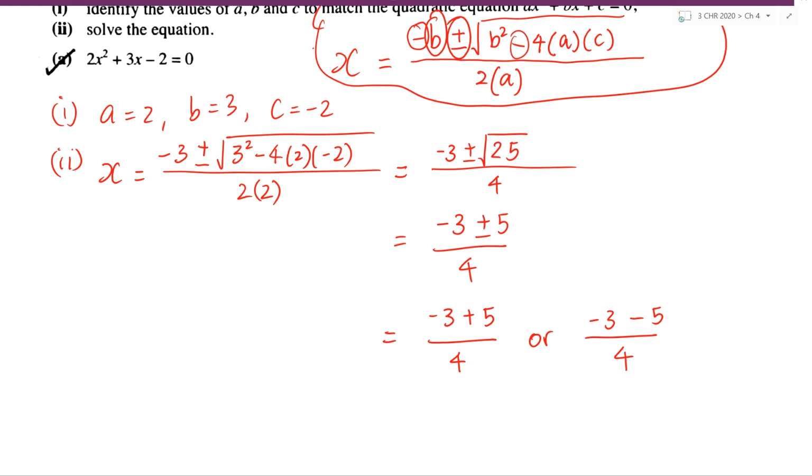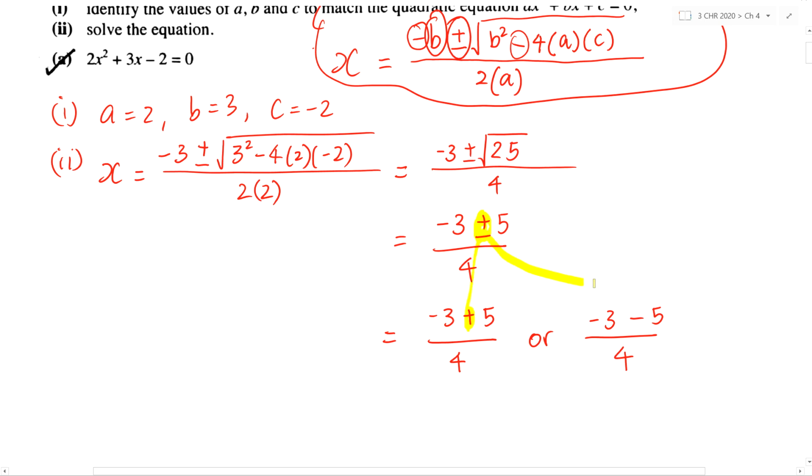Take note that this plus minus is divided into two of them, one plus and one minus. It's just that because we are so lazy to write plus on one side, minus on the other side, we combine everything, we become plus minus. Because we are lazy. Literally, that's the reason.